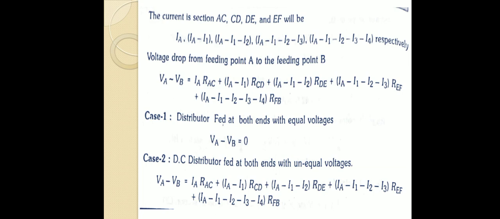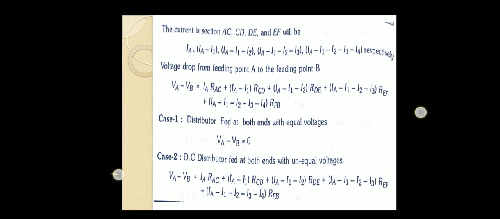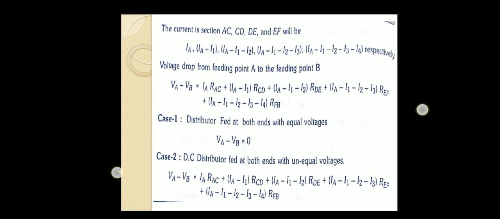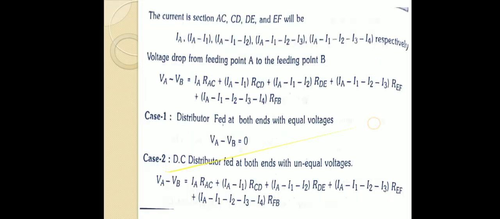Here, for a distributor fed at both ends we have two cases: equal voltages and unequal voltages. First, equal voltages: the distributor is fed at both ends with equal voltages, VA minus VB is equal to 0.